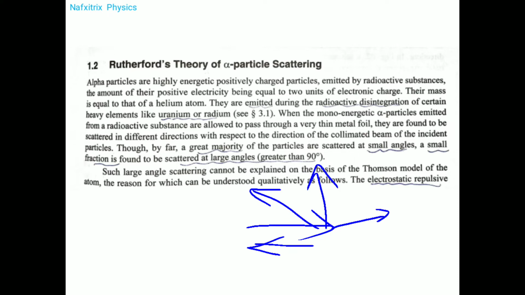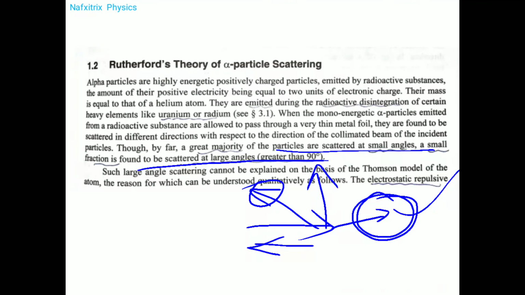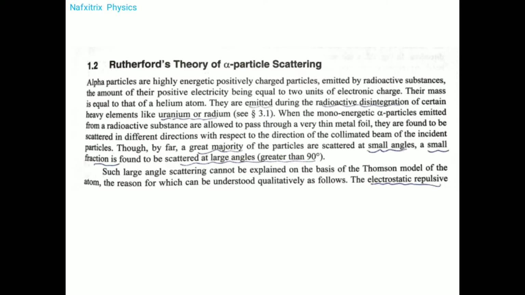So they are saying most of the alpha particles are scattered at smaller angles, and very few are scattered at larger angles. This is a very important point to be noted. It helps us to study a lot about the structure of the atom, and why it is so, we will see further.